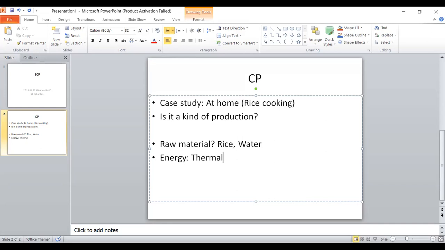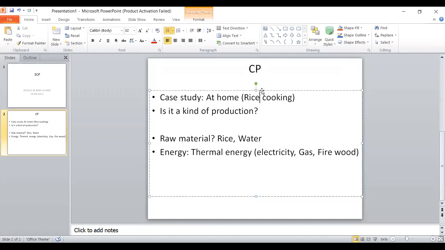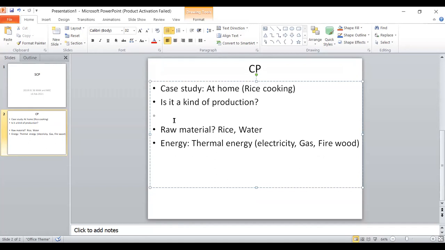Thermal energy, by means of using maybe electricity or gas or firewood. Even firewood can be the source of energy, so it can be considered as raw material as well. So these are the resources we are using.